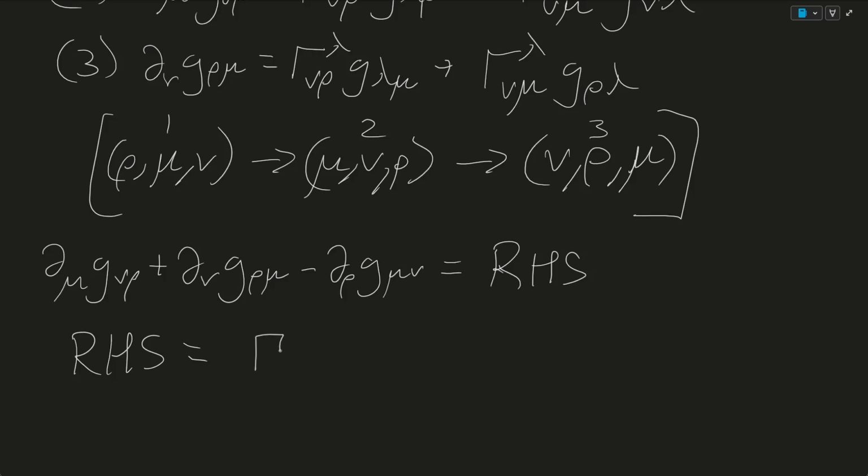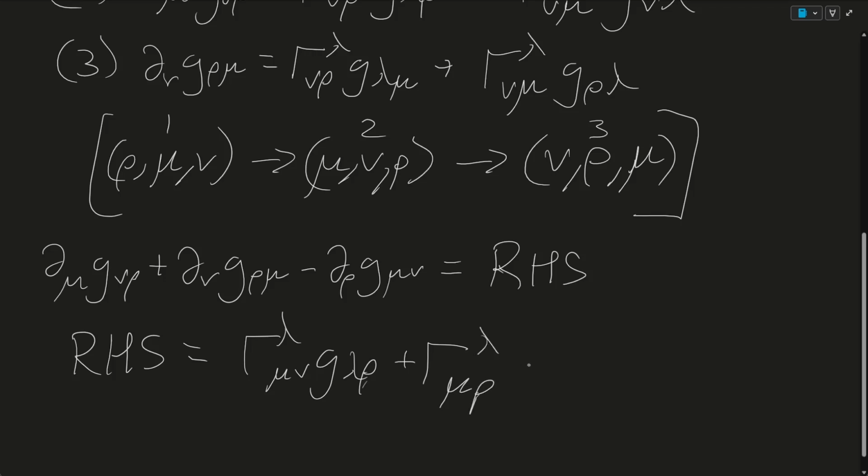I hope these gammas are okay. I think some people do it like that, but I'm just going to do that, and I think it's quite clear what that is. Gamma mu nu g lambda rho plus gamma mu rho super lambda g nu lambda.